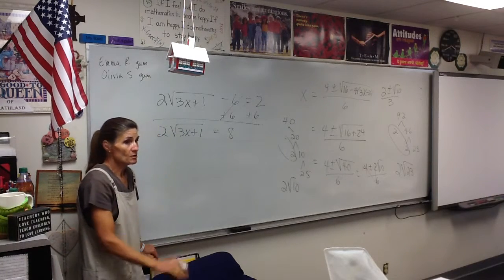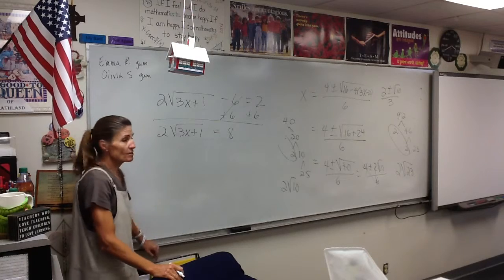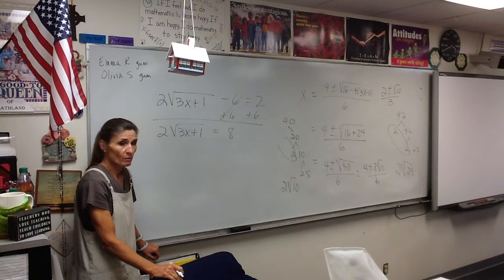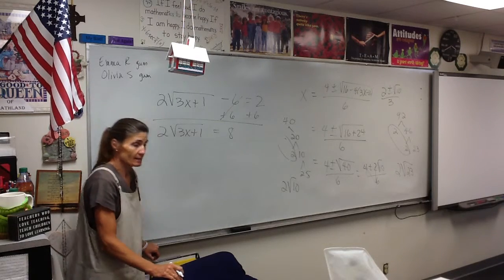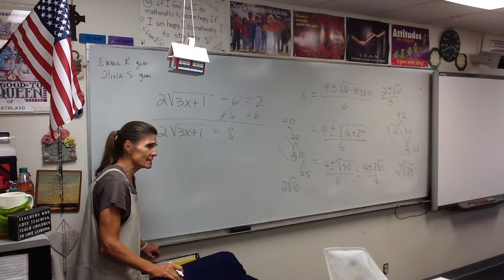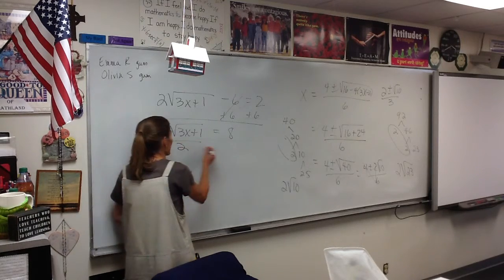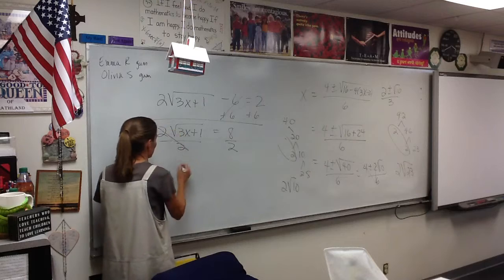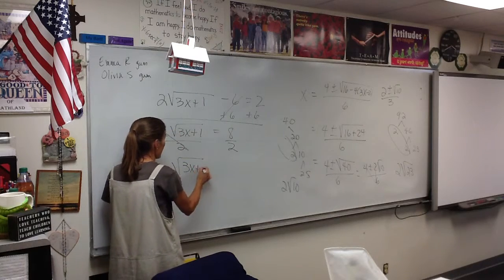Now, if you wanted to, could you get rid of that too? Yeah. How would you get rid of that? Divide it. Some of you were subtracting it. No, no, no, no, no. We divide it so that it cancels out.